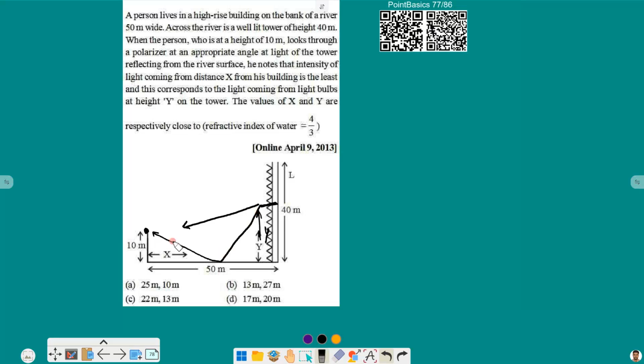When this light is coming after reflection, the light can strike at the Brewster angle, and when it strikes at the Brewster angle, it becomes plane polarized, and it loses some of its intensity. That's why when he is seeing the reflected light, he will observe less intensity as compared to the direct light.